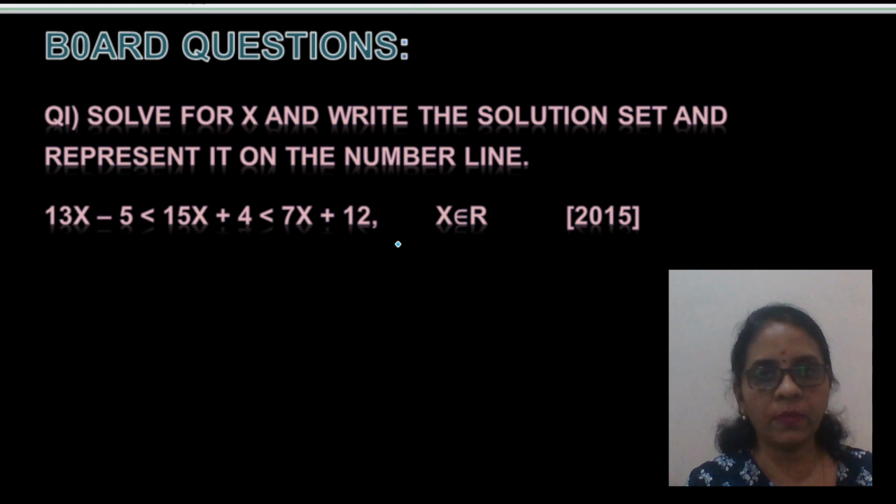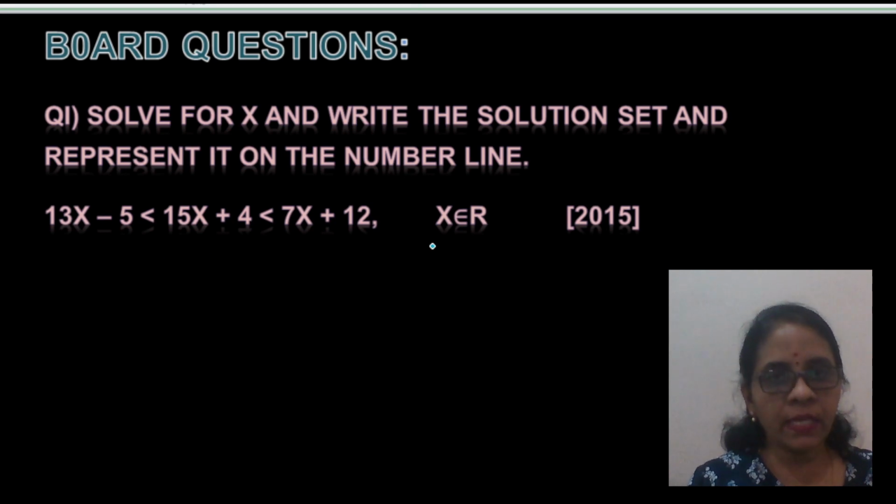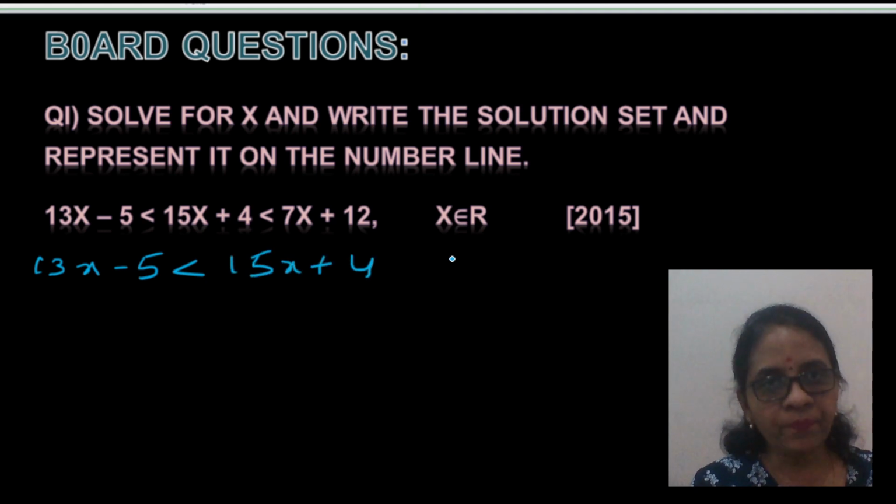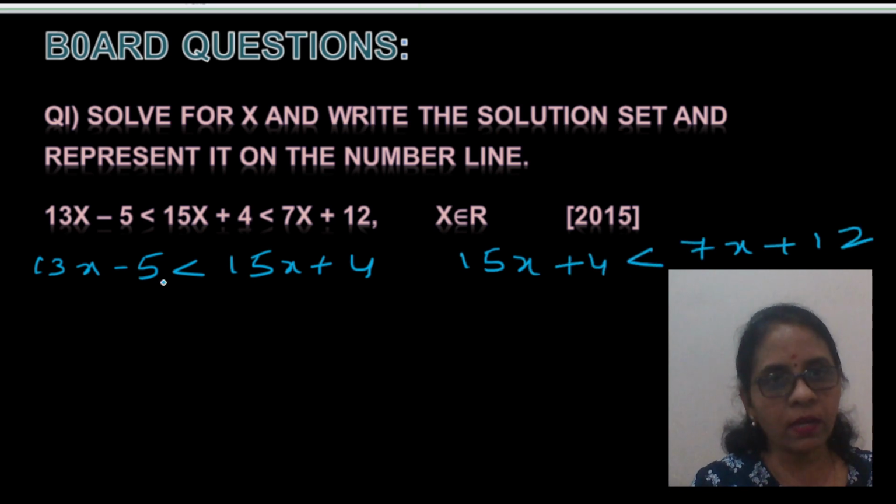The first question is from the year 2015. It's a very simple question. It shows 13x minus 5, no fractional values at all. Whenever you have two inequalities, you have to write it as 13x minus 5 less than 15x plus 4. This is one set, and 15x plus 4 less than 7x plus 12.